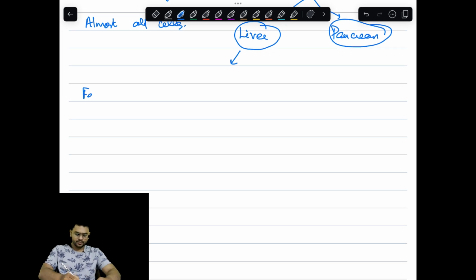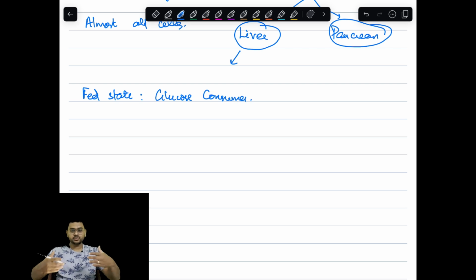For example, if you are in a fed state, that means you have a lot of glucose. You have just had a meal and you have a lot of glucose in your body. At this particular time, the liver functions as a glucose consumer. That means it consumes all the glucose because you have an excess of glucose.